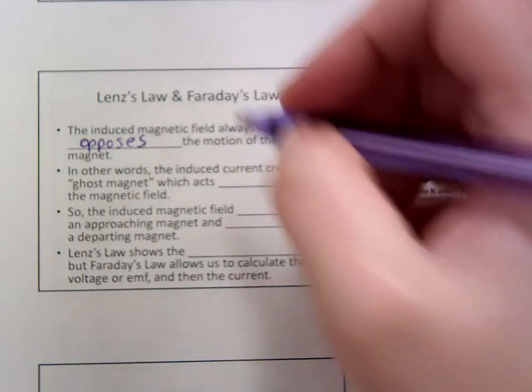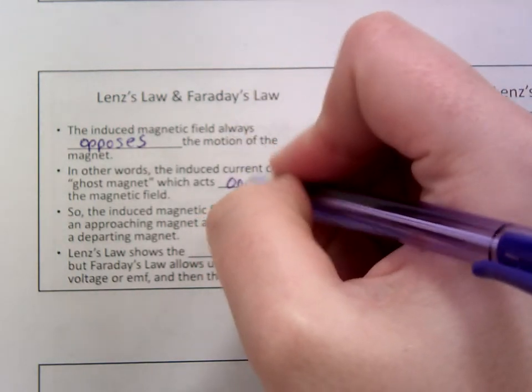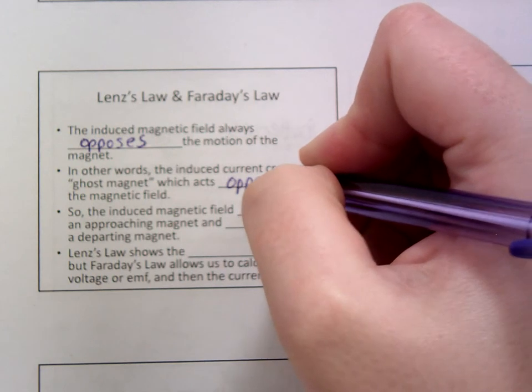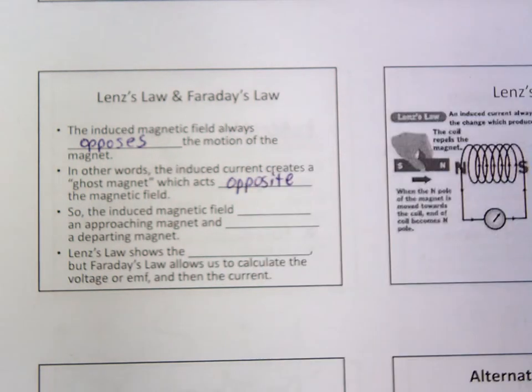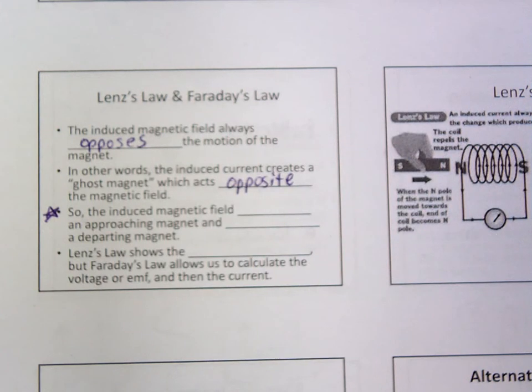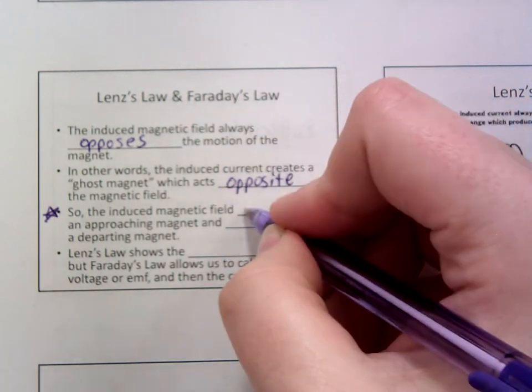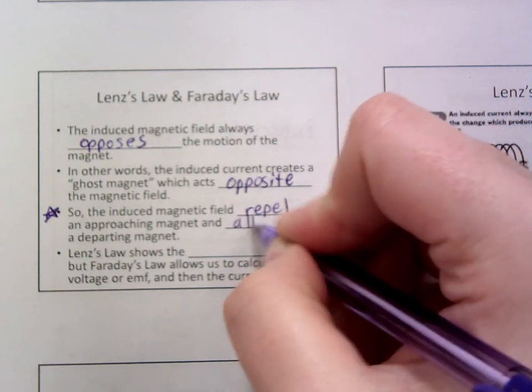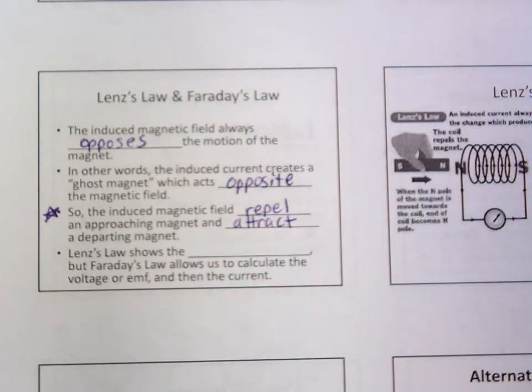So the ghost magnet is always going to act in a manner opposite of the magnetic field that's creating the ghost magnet. Which means, to paraphrase, that an induced magnetic field will repel an approaching magnet but attract a departing one.